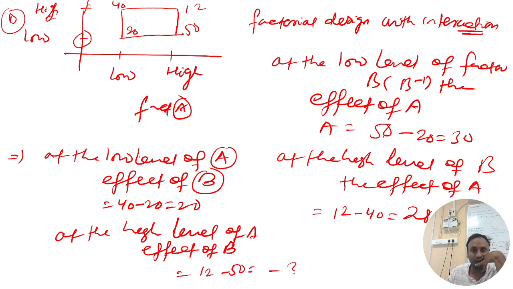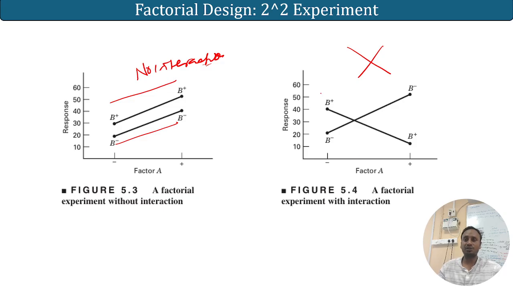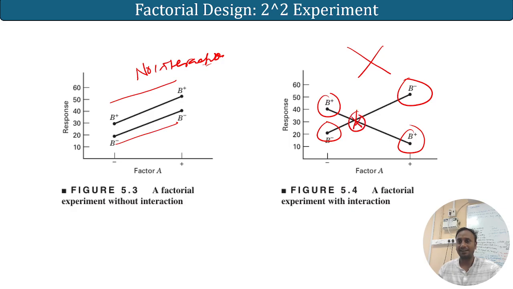It came how much? 38. So if we plot this, it will come like this. Okay, so it means it's interacting. Some intersection will be there. I think the part about intersection is clear now.